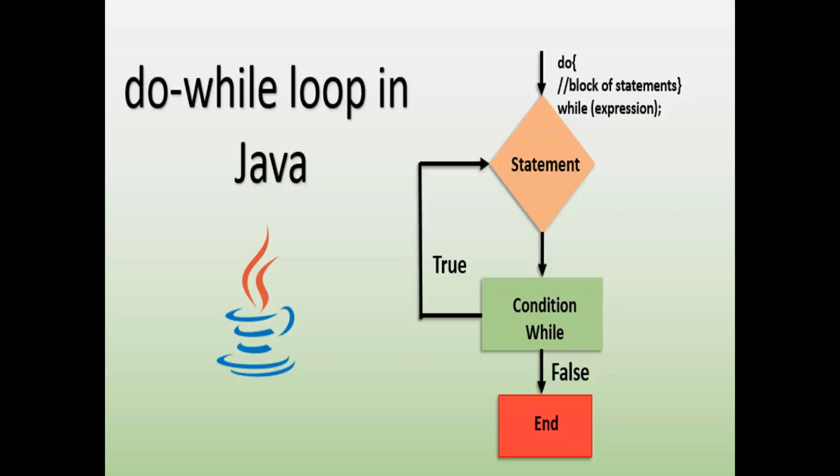In this picture, you can see the do while loop in Java. We have a statement block, the condition while, and true or false according to the condition.